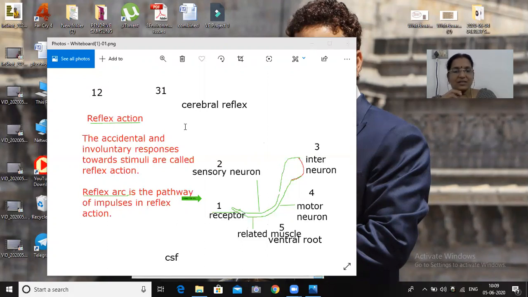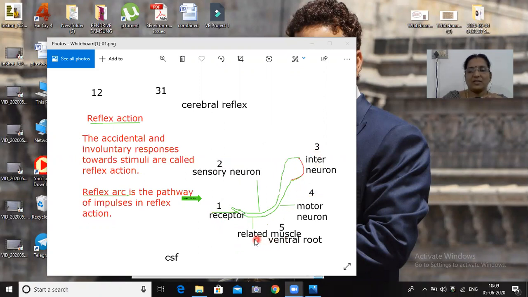Then the second question is, how does this process take place? Reflex action takes place. So here you can see there are different parts, number 1, 2, 3, 4, 5.